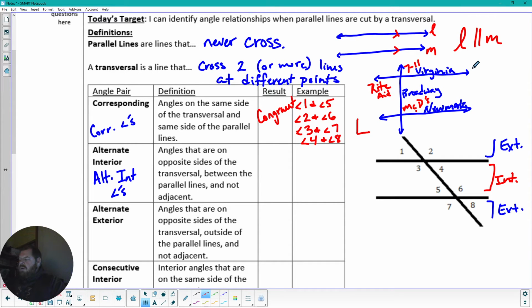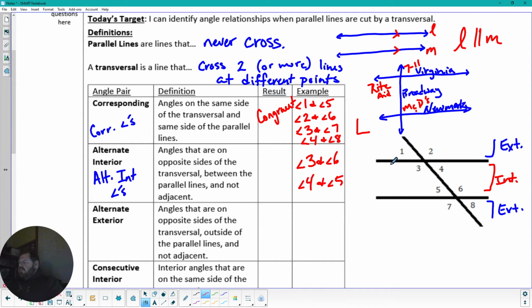Okay, McDonald's and Rite Aid are alternate interior of each other. As far as the angle pairs in this diagram that are alternate interior, we have angle 3 and angle 6, as well as angle 4 and angle 5.